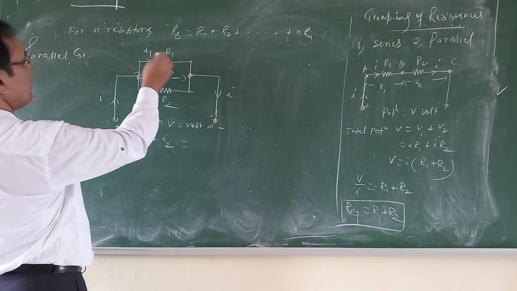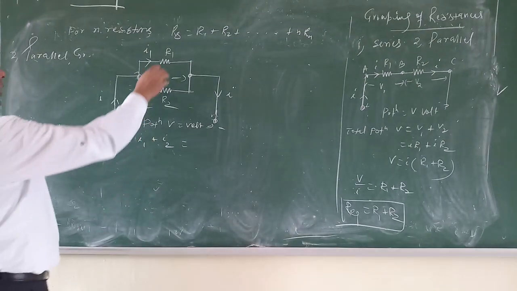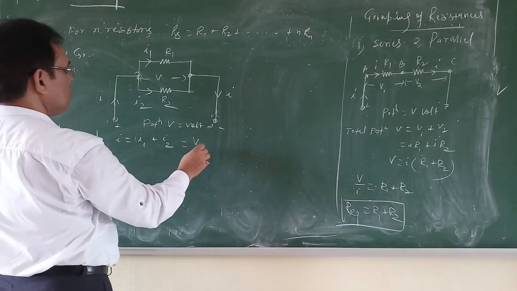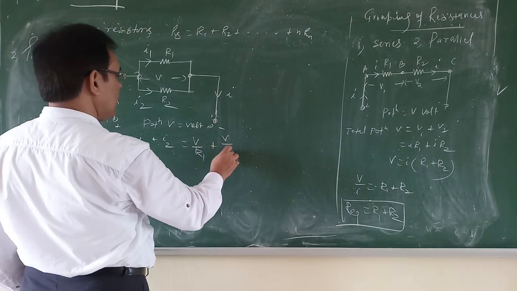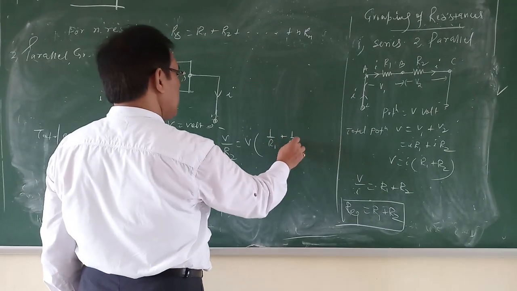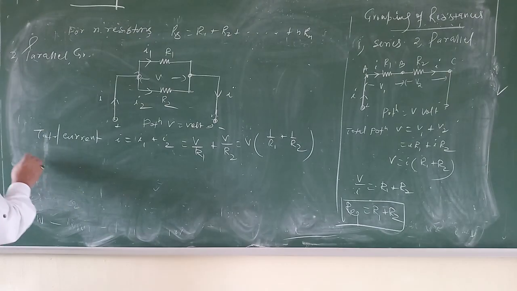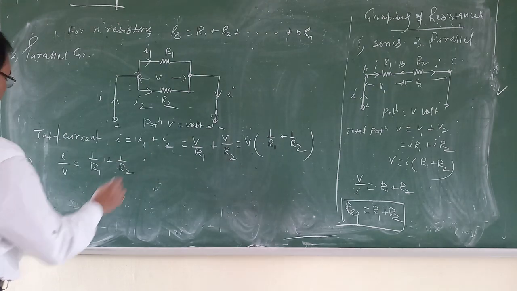And for I1, here potential is V, resistance R1, current I1. So all three are related. I1 equal to V by R1. Similarly, I2 equal to V by R2. So V common (1/R1 + 1/R2). So you can write I upon V equal to 1/R1 plus 1/R2.